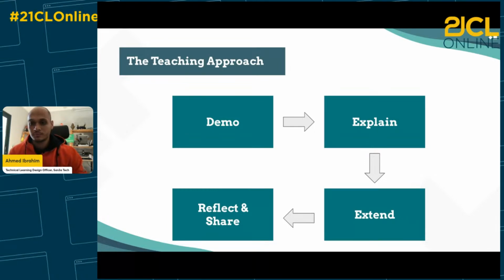So to teach students a new programming concept, we go through these 4 stages showing up on the screen. We start with a demo of the final output of the phase that we want to build. When I say a demo, it's like the demo I did 10 minutes earlier.